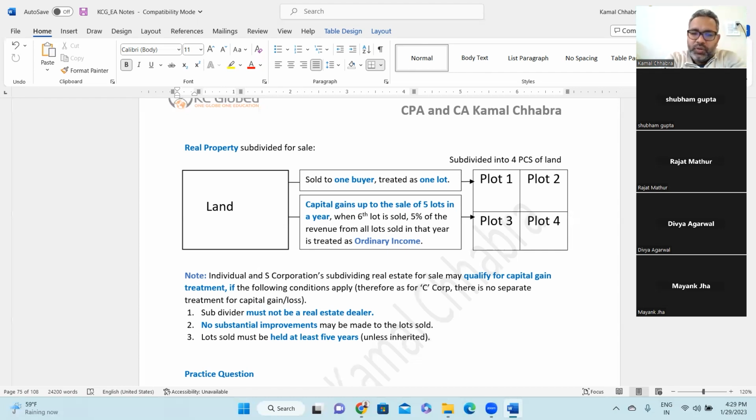But the time you sell the 6th plot, let's assume you cut the piece of land into 6 plots, and now you are selling the 6th lot, 5% of the revenue from all the lots sold in a year would be treated as ordinary income. And beyond that, if you sell, it will be considered as ordinary income. Make sense?